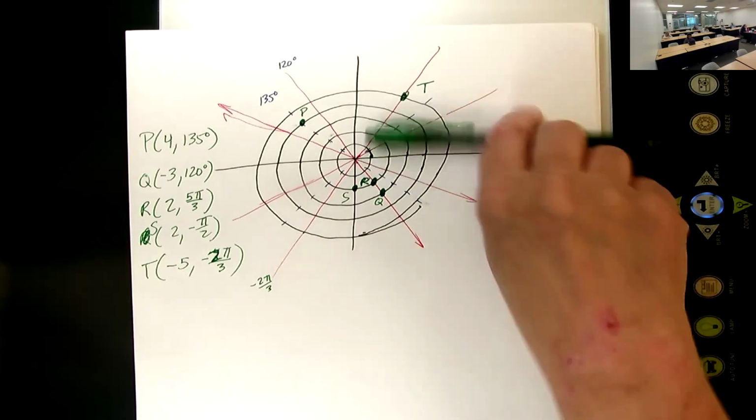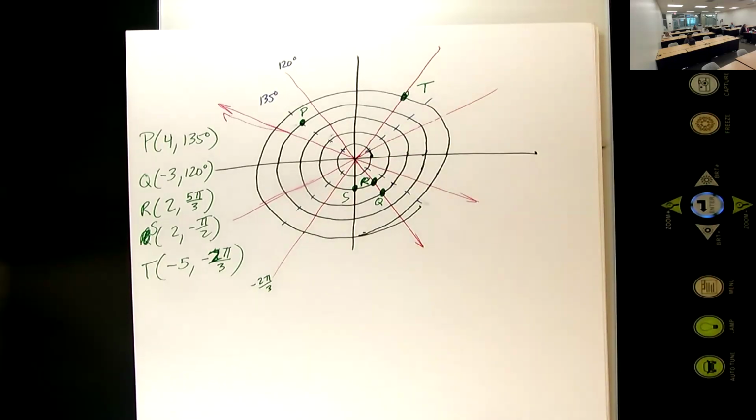Based on gravity, but alright, so let's look at what we can do with this to look at alternate forms. Each point has 2 or 4 alternate forms that are fairly easy. So, alternate forms of polar coordinates.